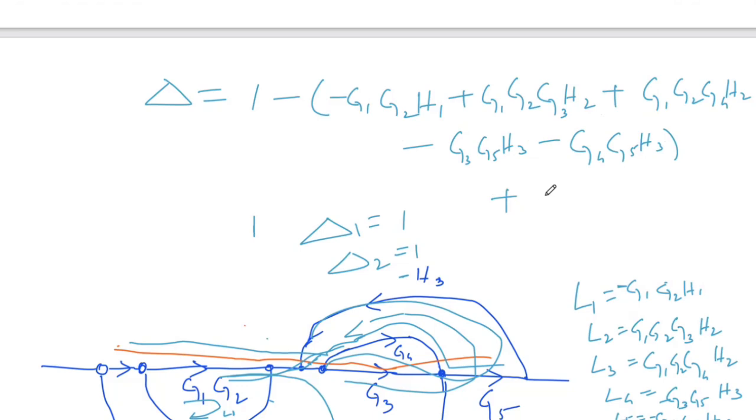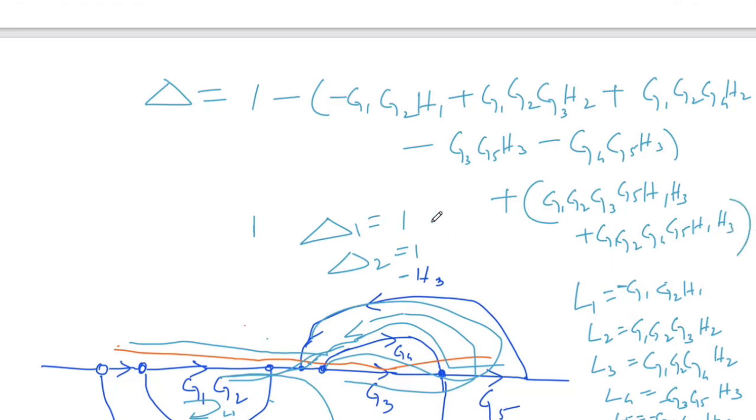plus product of L1, L4. L1, L4 is minus into minus is plus. That is G1, G2, G3, G5, H1, H3 plus G1, G2, G4, G5, H1, H3.